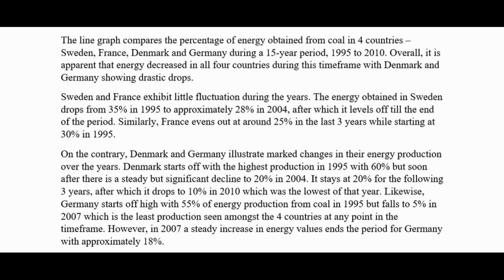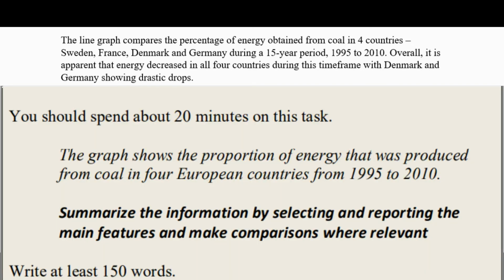The second statement will include what you can see just by throwing a quick glance at the graph or the diagram. The first thing that you see. The statement in the question will help you a lot. The graph shows the proportion of energy that was produced from coal in 4 European countries from 1995 to 2010. Now you just have to paraphrase this.